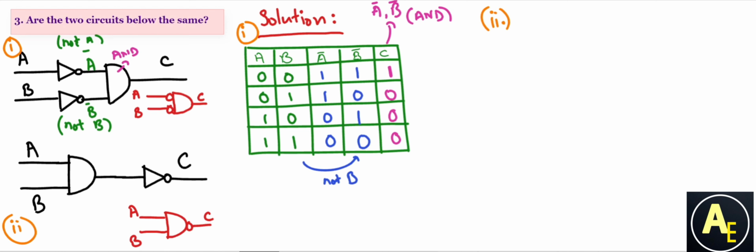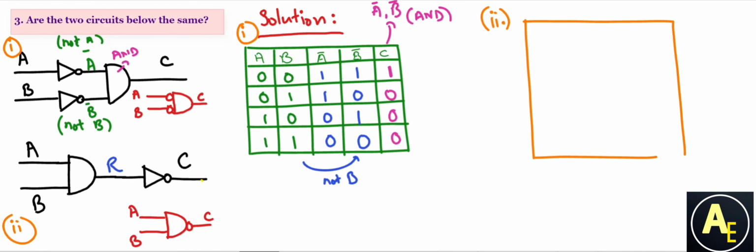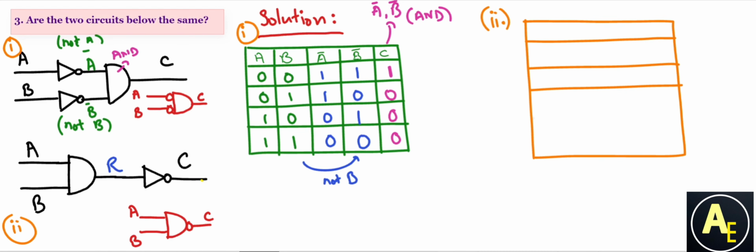In our second diagram, we can call the output from our AND gate R. Once again, since we only have two inputs, A and B, our number of rows remains the same, which of course would be 4 rows.